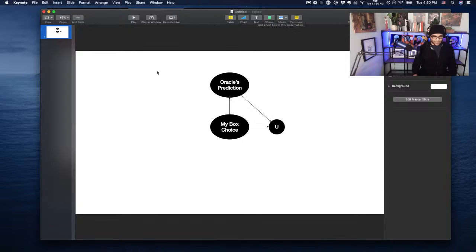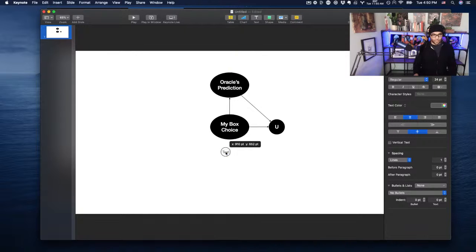So I think what's happening is that the traditional evidential decision theory is optimizing this as finding argmax of E of U given the oracle's prediction.